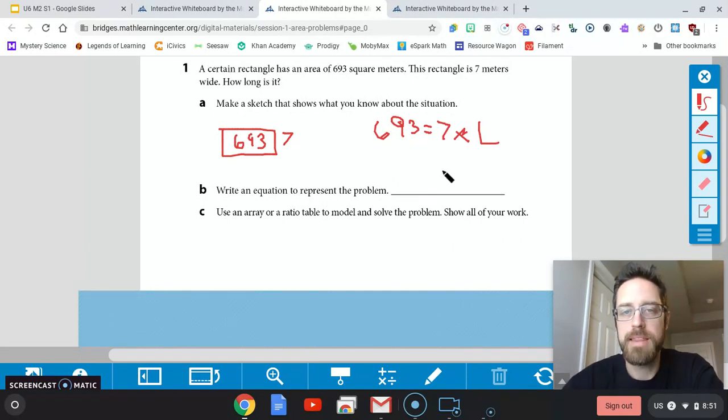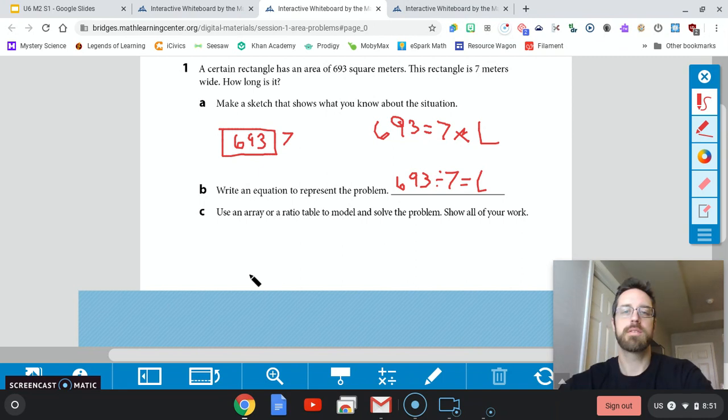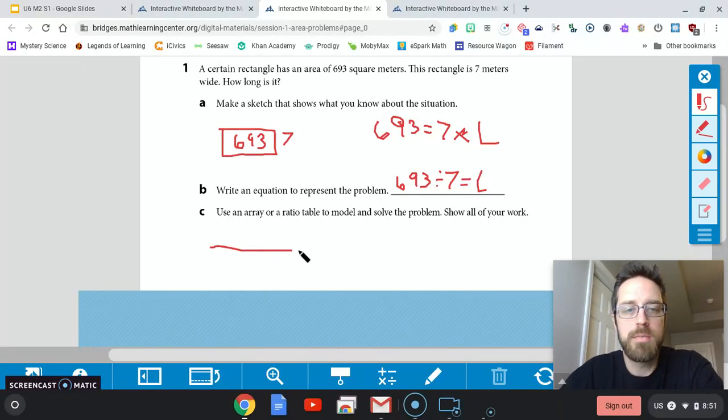You could leave it at that, or you could write 693 divided by 7 equals L, because if we know the total, it's going to be a division problem. And now we're just solving the division problem. So I'm going to make my ratio table, okay, and I'm going to say 1 is 7, and I know my total is 693, okay?